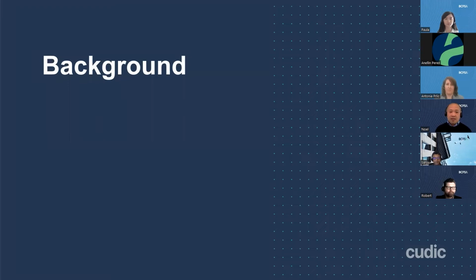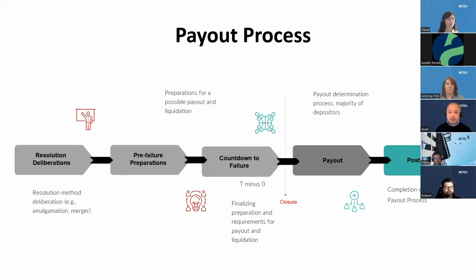The following slides will provide some background on the payout process and the role of the depositor data within the process. This is a high-level diagram of the payout process. As shown, the first step within the process is to go through other resolution options, for example, amalgamation and merger.